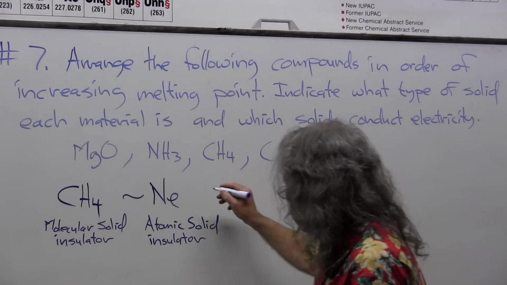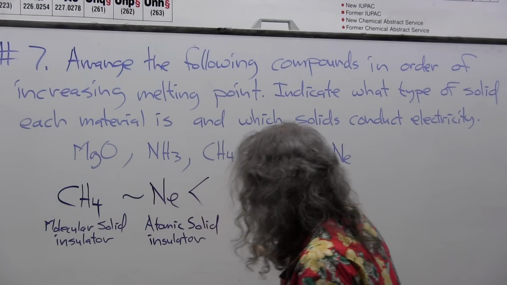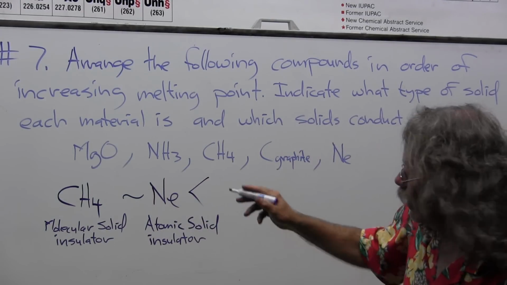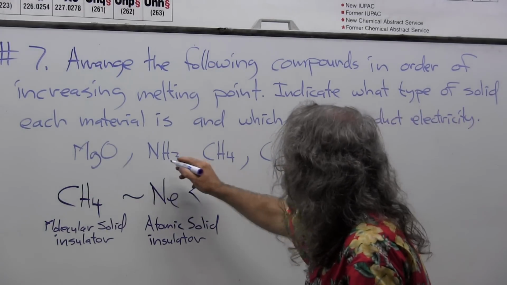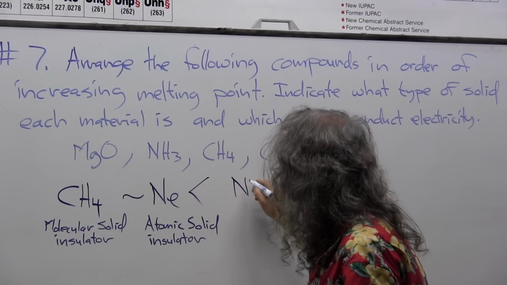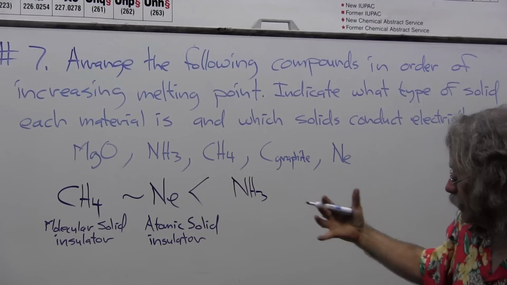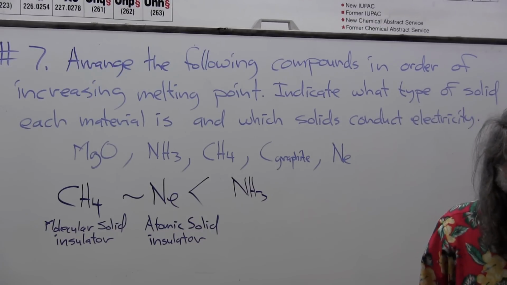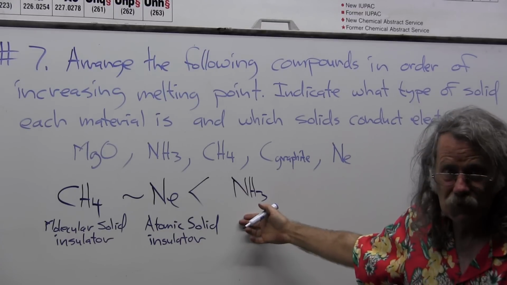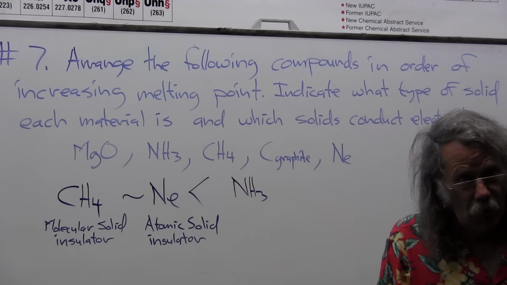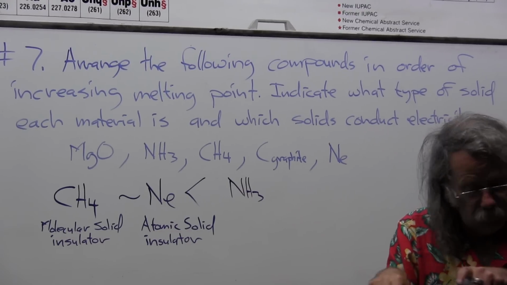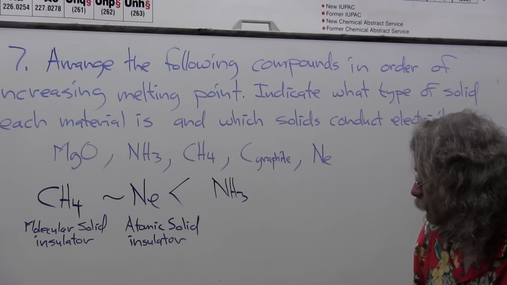Now this is definitely going to be much lower than the other molecular solid, which is ammonia. Ammonia is going to engage in London dispersion forces as well. However, it has a permanent dipole, so I've got dipole-dipole interactions, which are going to give it attractive forces.